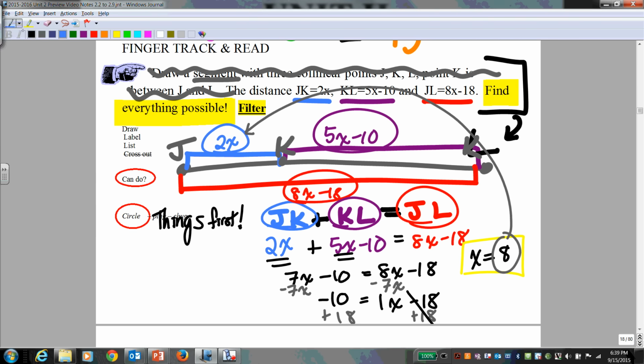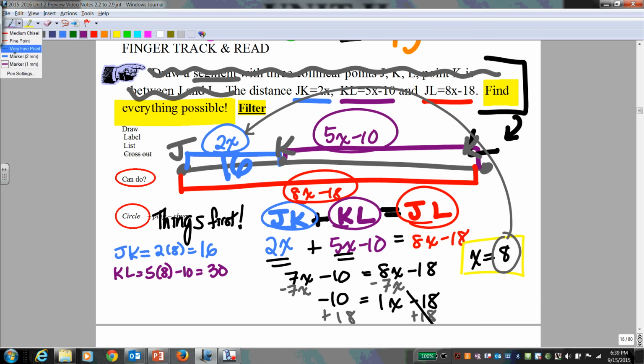Ready? So we're going to do this. We know the distance J to K, that's blue. That's going to be 2 times 8. We just found the distance of this segment is 16. And now we're going to do K to L, and we know that this is going to equal 30.